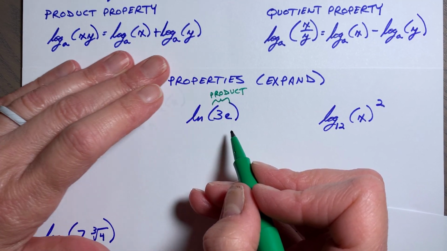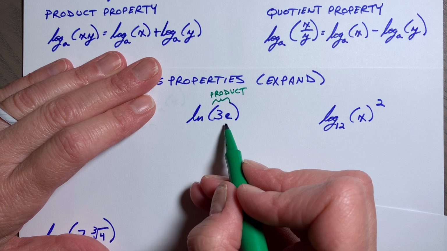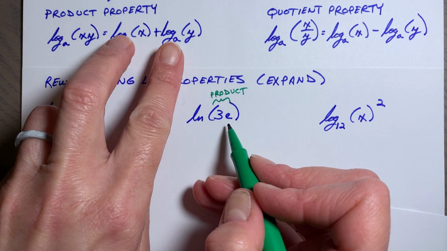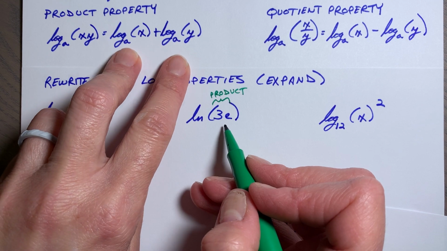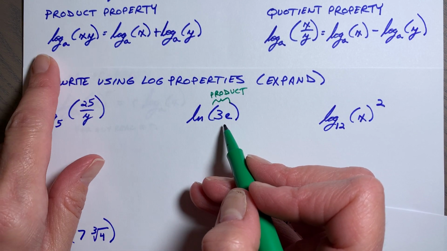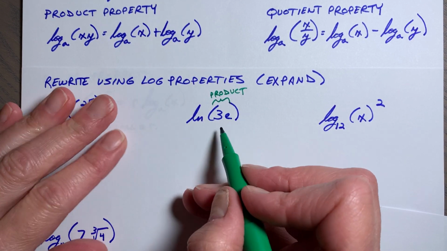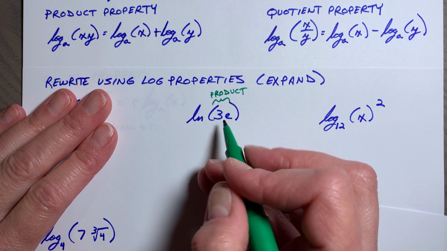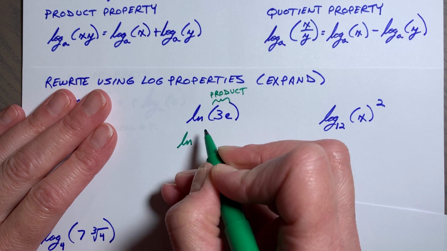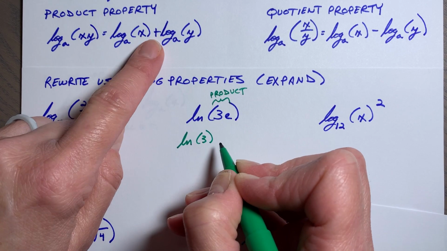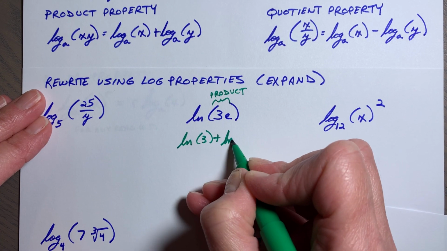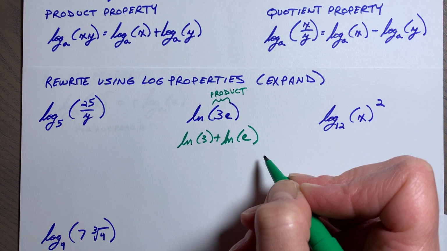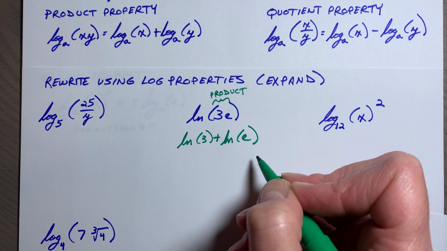So my product property says that I can change this single natural log to the sum of 2 natural logs, right? So along the way here, our bases have to stay the same. So the natural log of 3 times e is equivalent to the natural log of 3 plus the natural log of e. And that's what our product property does for us.